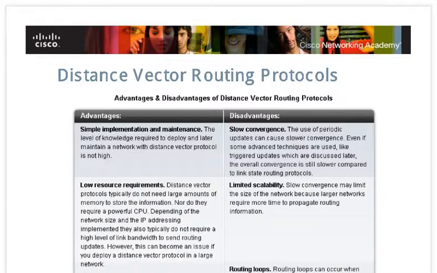In terms of CPU power, again, distance vector routing protocols are very reasonable. Why? Because again, the amount of processing that you need is very light. You just compare the message and update your table accordingly.